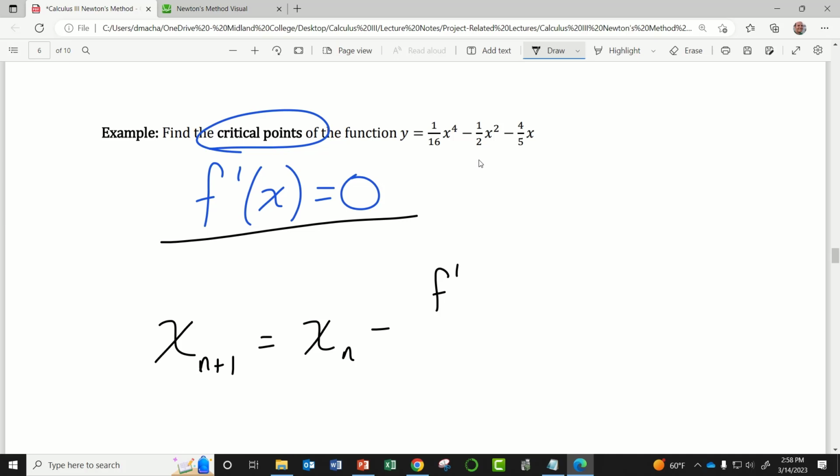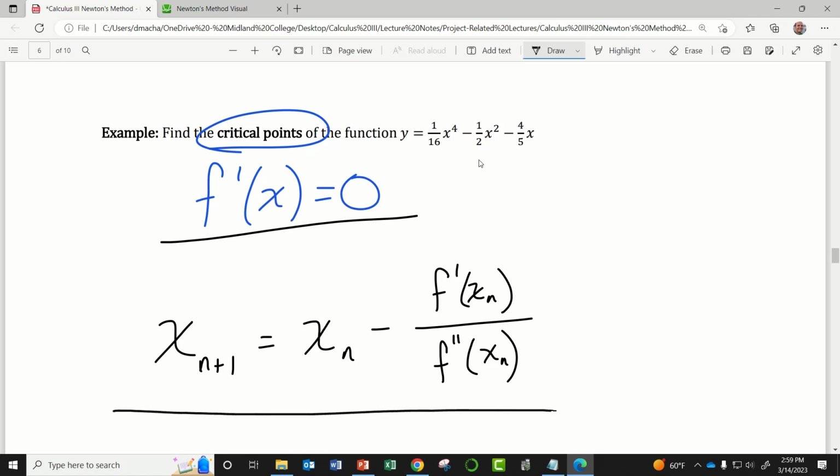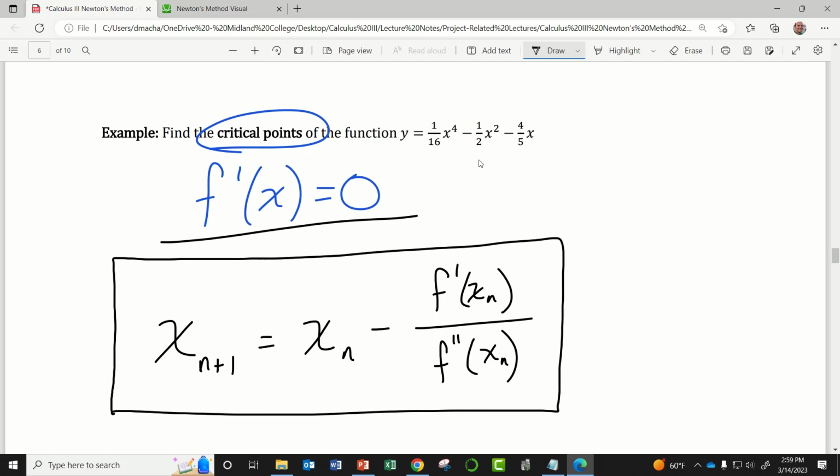And so I'll write f prime of xn divided by, and now the derivative of this derivative function would be f double prime of xn. And that's what the formula will be for finding critical points of a function.